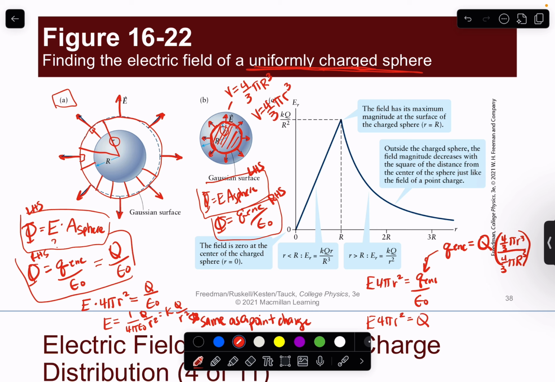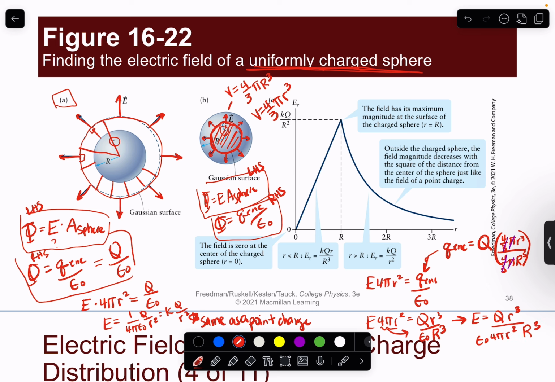Big Q, so we got some stuff canceling here. This stuff goes away, and then I'm left with little r cubed over big R cubed. And then there's my epsilon naught. Don't forget him. I'm going to do some more simplification because I need to move this term over, the 4 pi r squared. E equals Q r cubed over epsilon naught 4 pi r squared big R cubed.